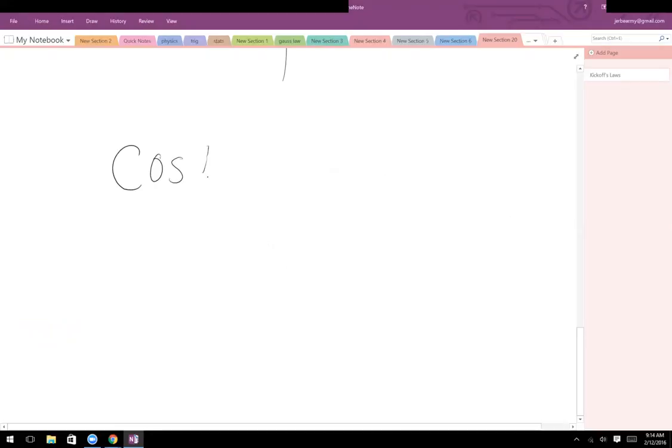Let's go back and do this the algebra way. Even if you know nothing about trig, you can do this problem. Well, you do need to know one thing from trig: that cosine maps negative infinity to infinity onto -1 to 1.